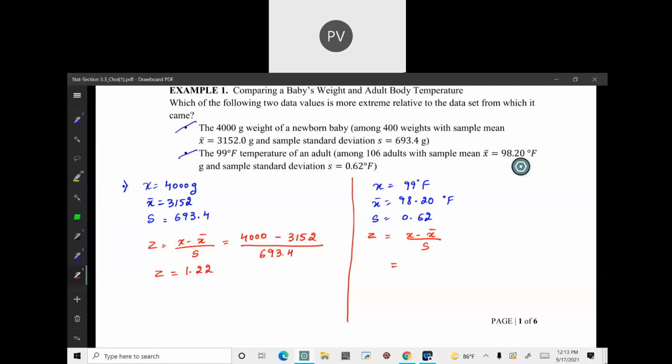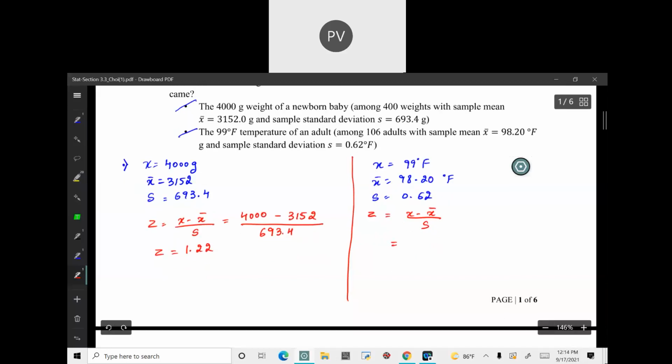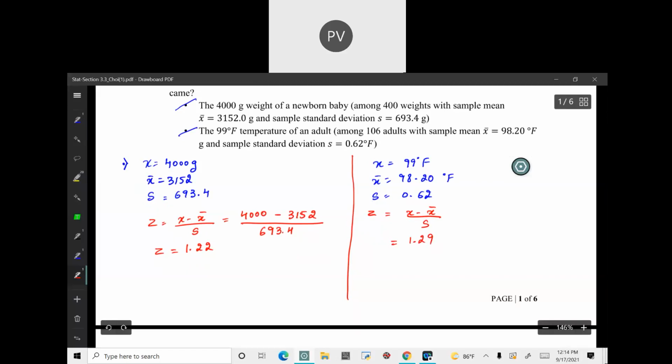So for example, if you have a value like 1.5 and 2.5785, something like that, then your z-score would be 2.5785, right? You must have at least 2 decimal places. What is the z-score for the second example? 1.29. When it comes to standard deviation, variance, z-score, do not round off. Okay?